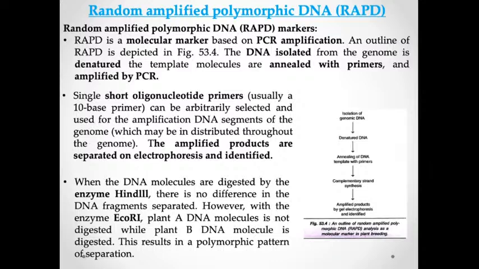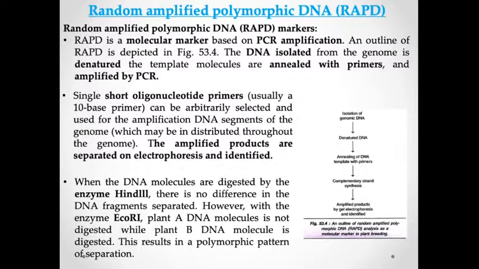But in this case, we are having primers which will anneal to the DNA template, and the complementary strand synthesis will be produced. Then the amplified products are identified by gel electrophoresis.